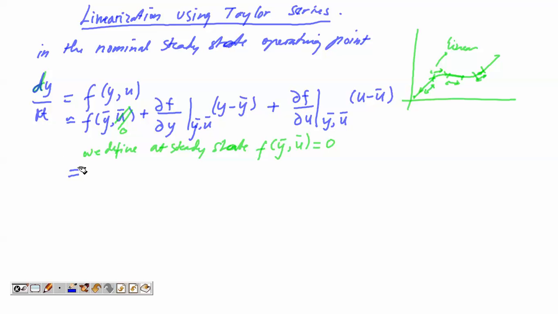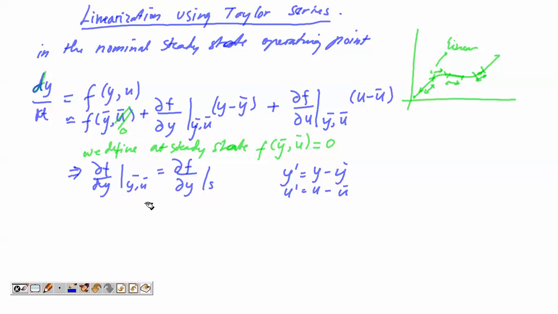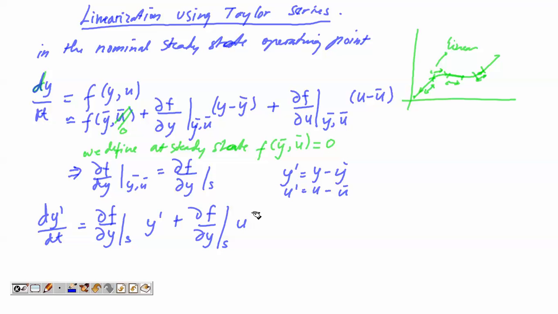So if we define df over dy at y and u as df over dy at s, meaning at steady state, and y prime is y minus y bar, y current minus y steady state, and u prime is u minus u bar, then we get that dy prime over dt is df over dy at steady state times y prime plus df over du at steady state times u prime.